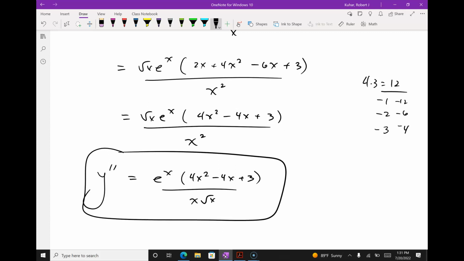Whew. Oh, hideous, right? The algebra. Not easy. Doesn't mean you can't do it.